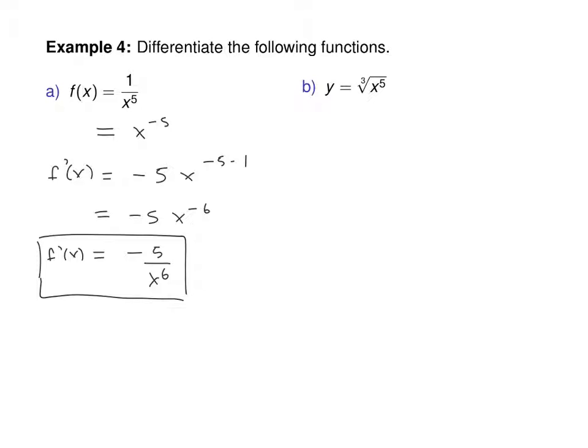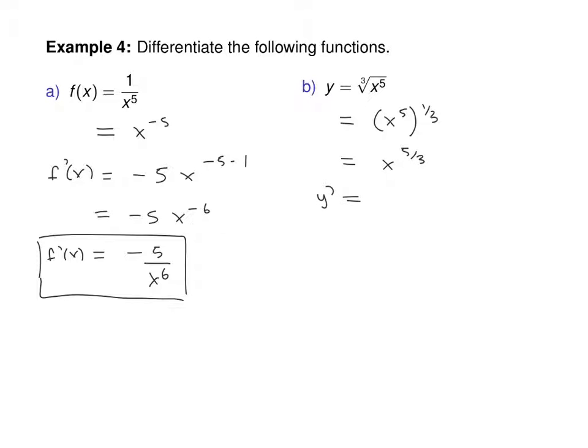Okay. For part B, is everyone okay with the fact that this is x to the 5th to the 1/3? Then what happens to those powers? They multiply, so it's x to the 5 over 3.